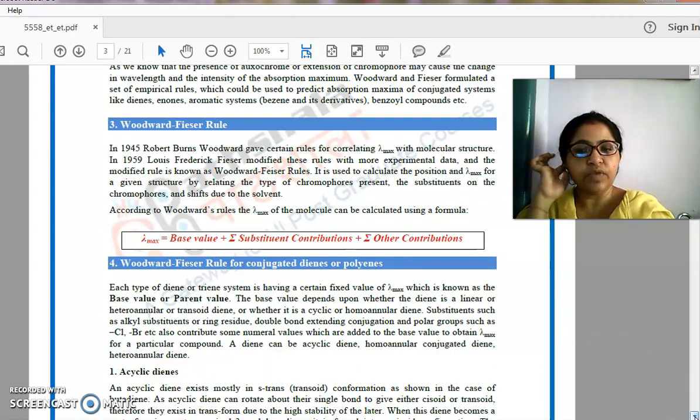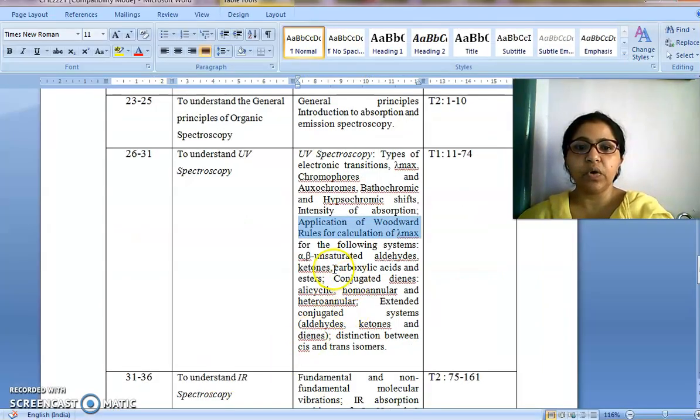Now for this you will need to know some of the terms. First we will go into what is the rule for conjugate diene or polyene. That means we are concentrating on alpha beta unsaturated aldehydes, ketones, carboxylic acids, and esters. These are the syllabus, these are the compounds we have to do.